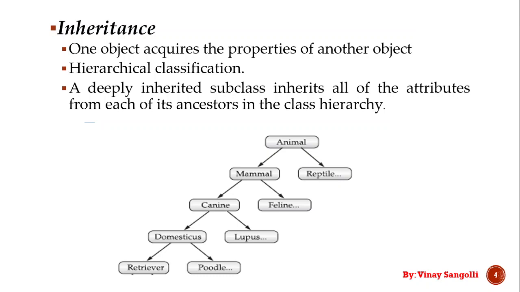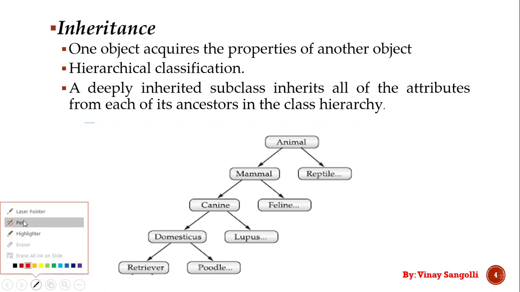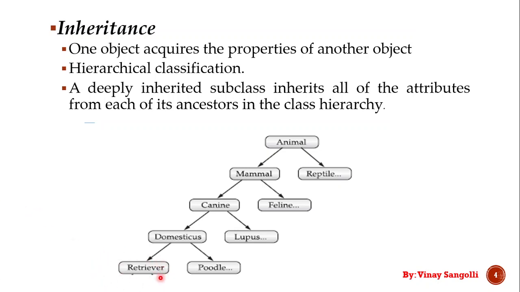So you can observe in this diagram that the first thing you have here is the retriever. Retriever is one of the animals. Then comes domesticus, then comes canine. What is canine? Canine is a form of mammal, and mammals belong to what class now? Animals. So this is what is called inheritance.